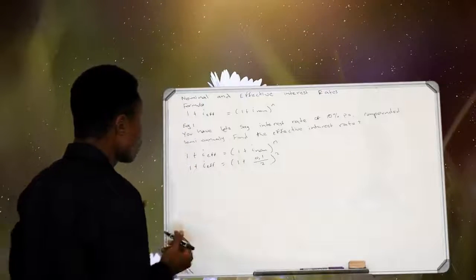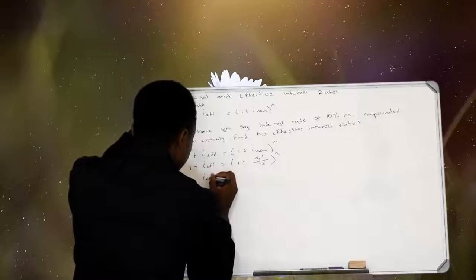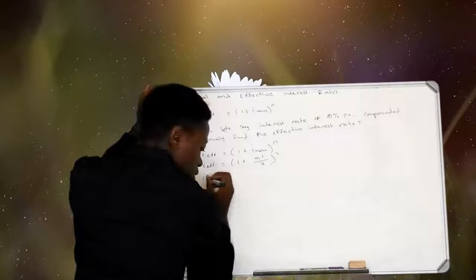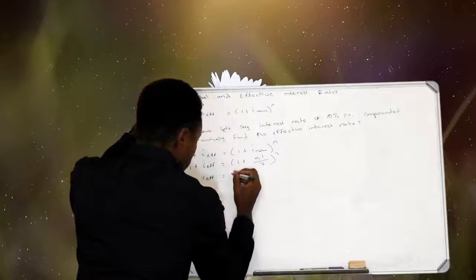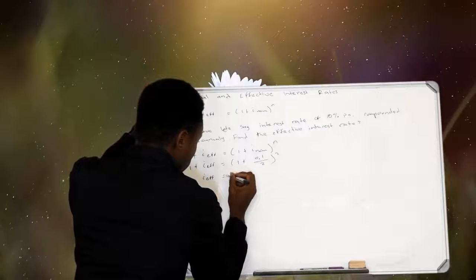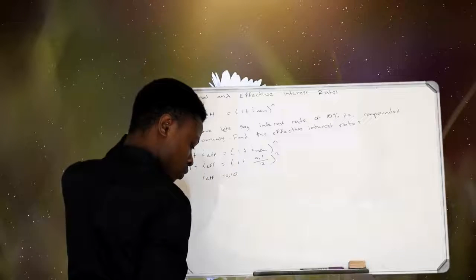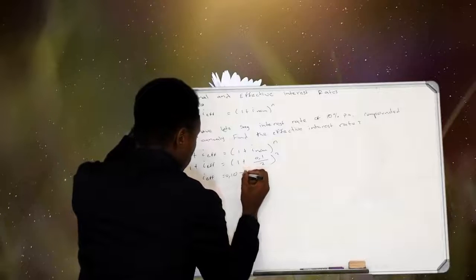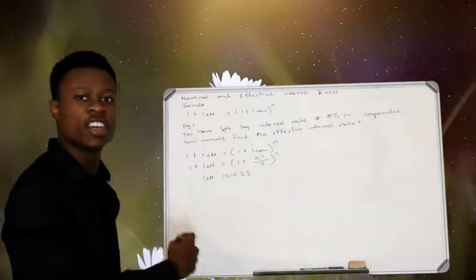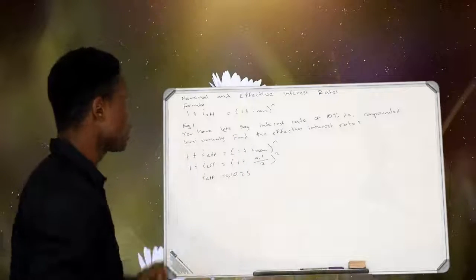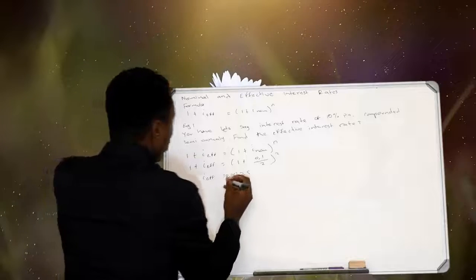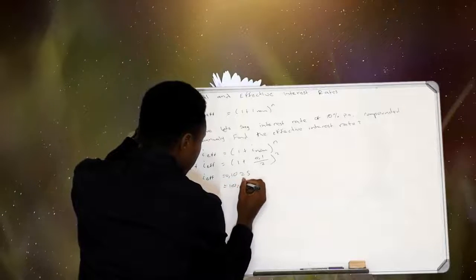So my answer should end up being, but I can't leave my answer like that, right? I have to write it in a percentage format. So in a percentage format, it will look like this.